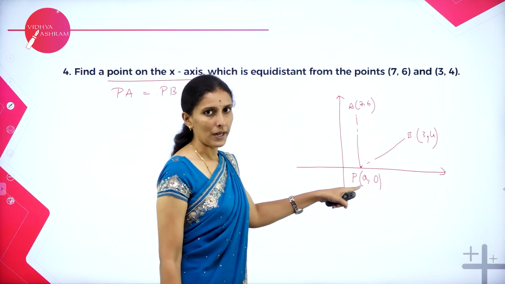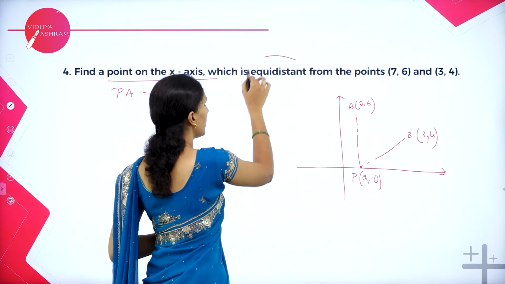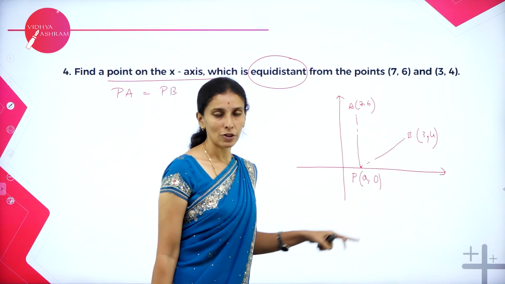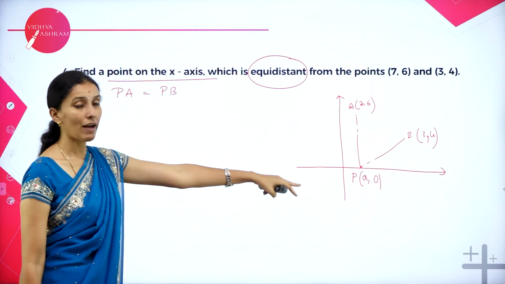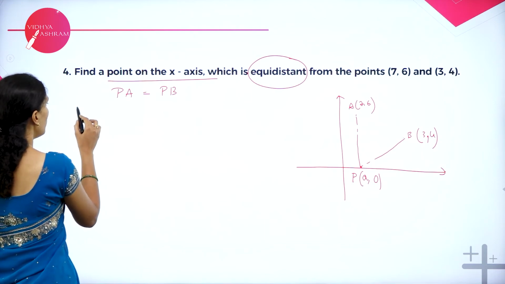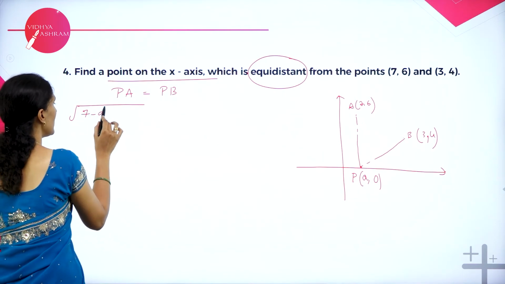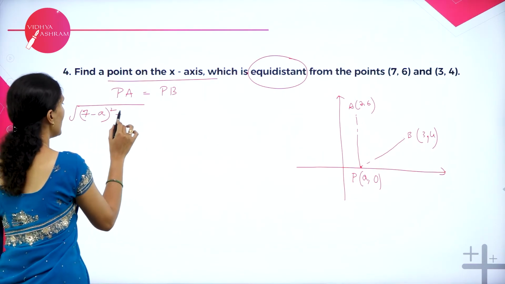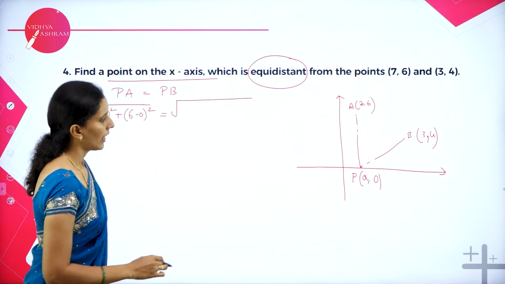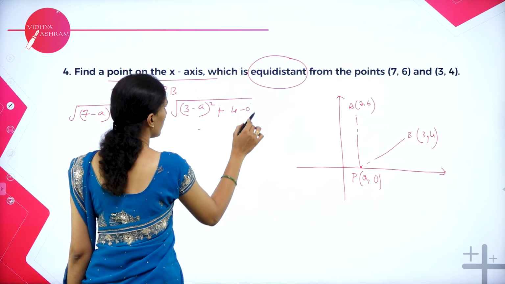Now, using the distance formula, since they have given that the two points are equidistant, meaning equal in distance, the length of PA is the same as the length of PB. Again using the distance formula, let us find the value of a to find the coordinates of point P. The square root of (7 minus a) whole square plus (6 minus 0) whole square, similarly the square root of (3 minus a) whole square plus (4 minus 0) whole square.